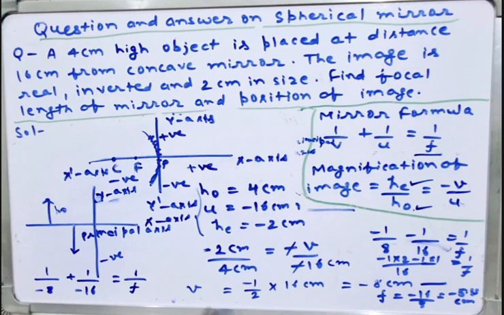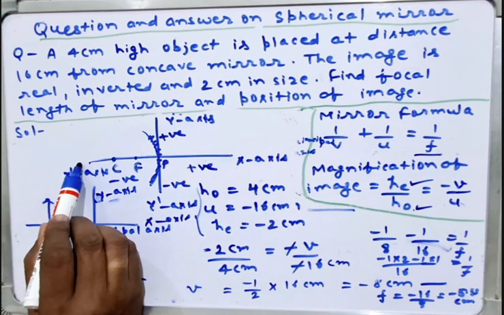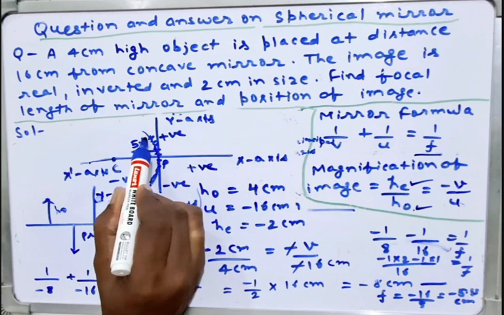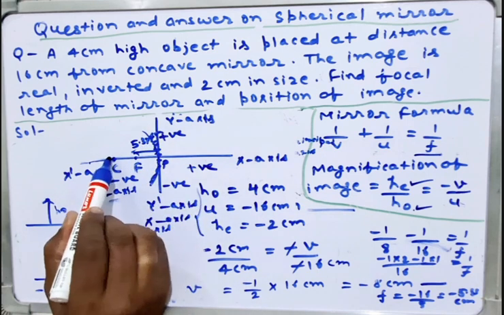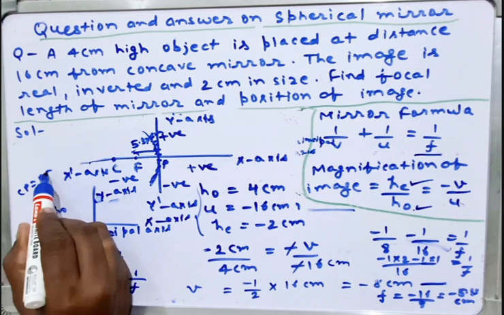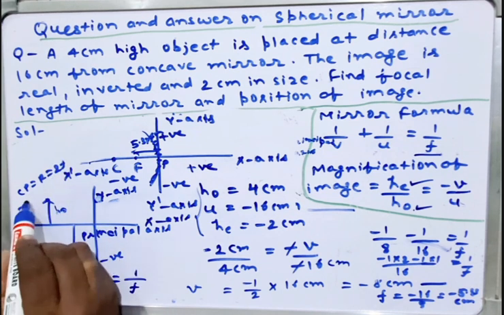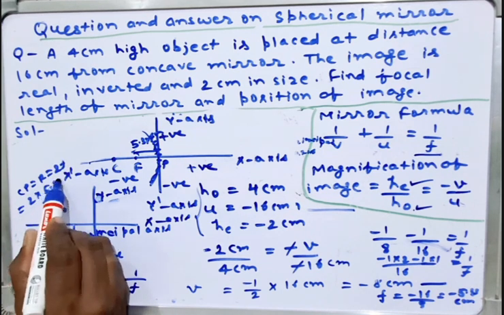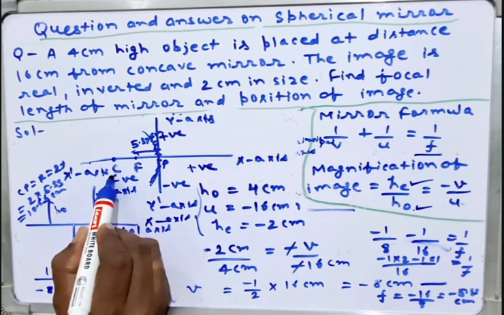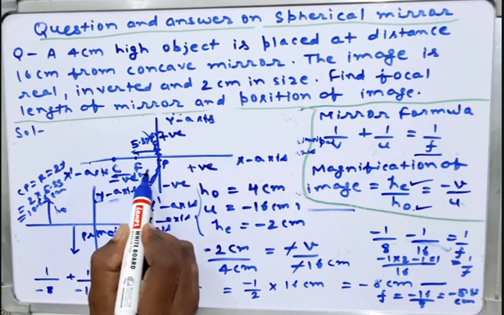Okay, so what you see here, this distance is 5.33 centimeter. Okay, so CP equals R, and R equals 2f. So if 2 into 5.33, this comes to 10.66 centimeter. So this one is 10.66 centimeter.